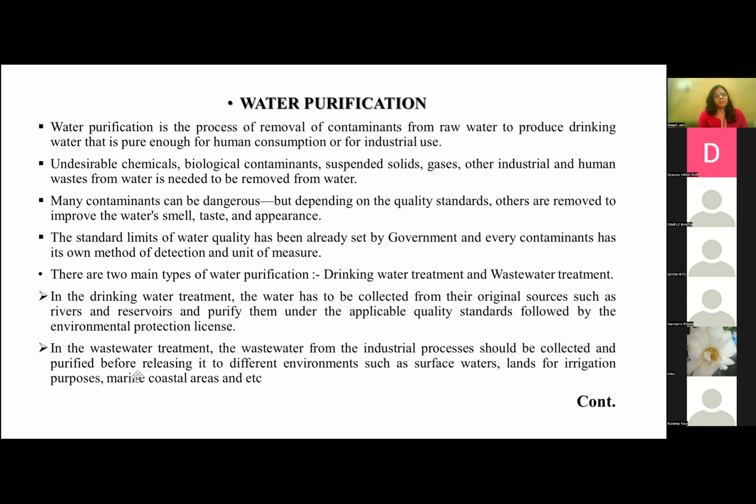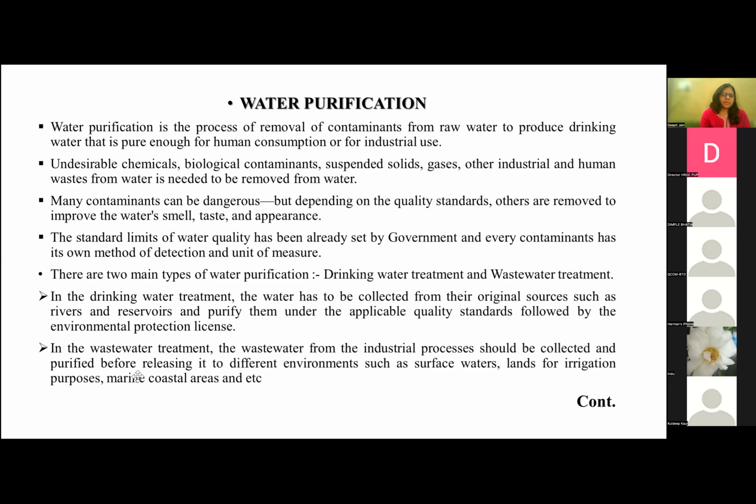Now there are many methods by which we can purify our water. Water purification is the process of removal of contaminants from raw water to produce drinking water or water for industrial use. The undesirable chemicals, biological contaminants, suspended solids, gases, and other industrial and human waste need to be removed from water.